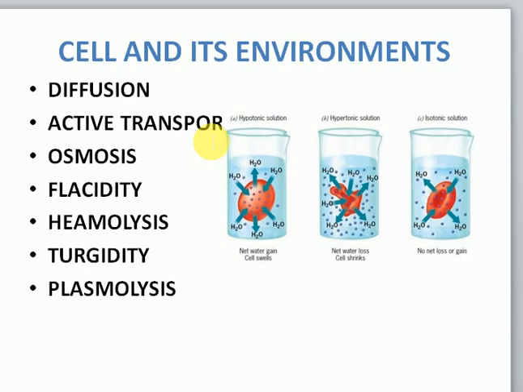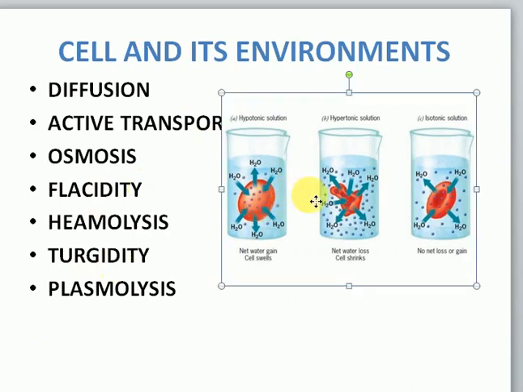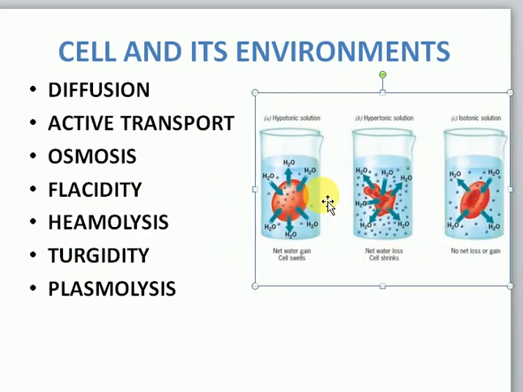Now, these factors listed here are basically the processes that explain how the cell reacts to its environment. All right, so I'm very sure most of us are familiar with all of these before now.